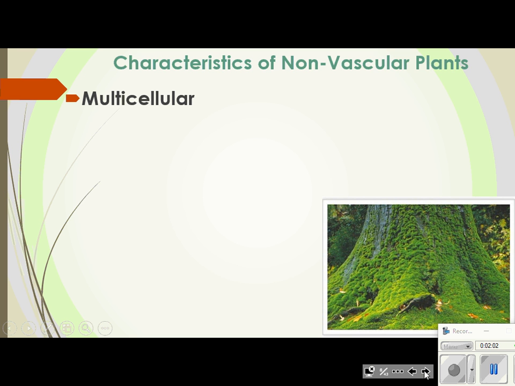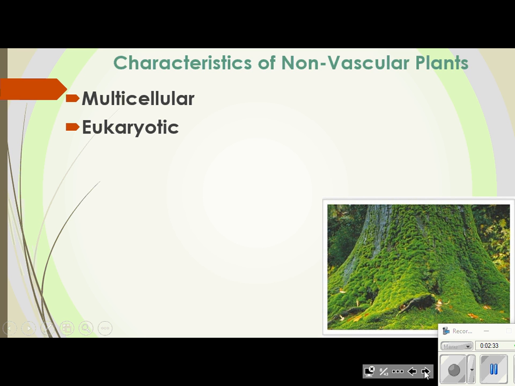Eukaryotic. Why do you think eukaryotic? They're plants. What domain are they in? Eukarya, right? Remember our three domains. What were our three domains? Eukarya, bacteria, and archaea. So they are definitely eukaryotic cells.